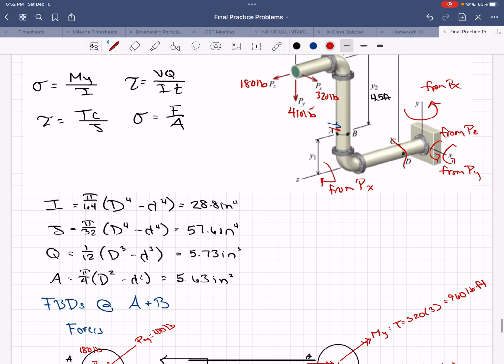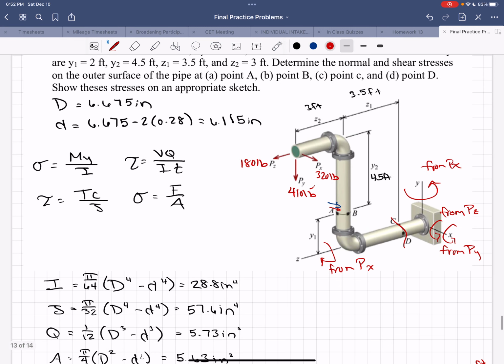All right, these moments now are going to be, so we still have these moments, two moments coming from PZ, but what's going to change is, two moments around X from PZ and PY.